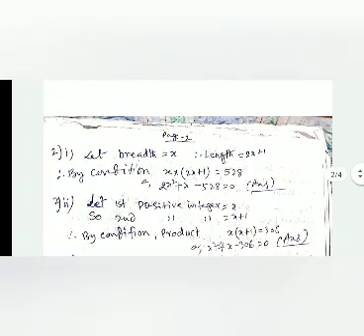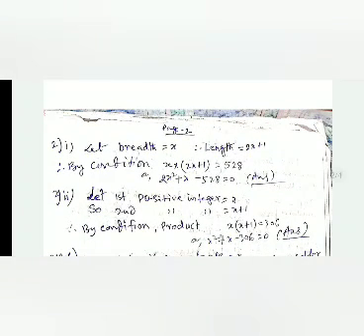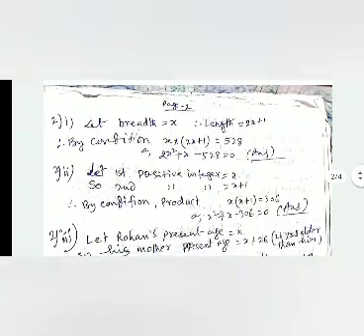So product of that x into x plus 1 equal to 306. After changing the side of 306 to the left side, you will get x square plus x minus 306 equal to 0. It is very easy.